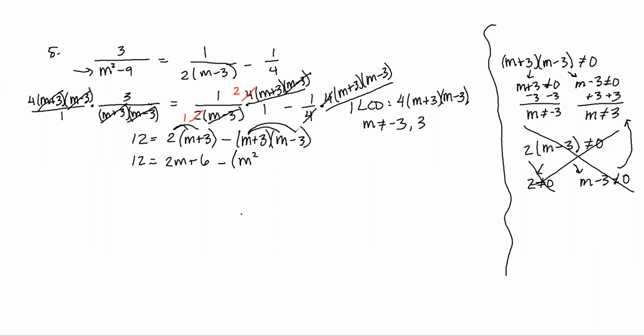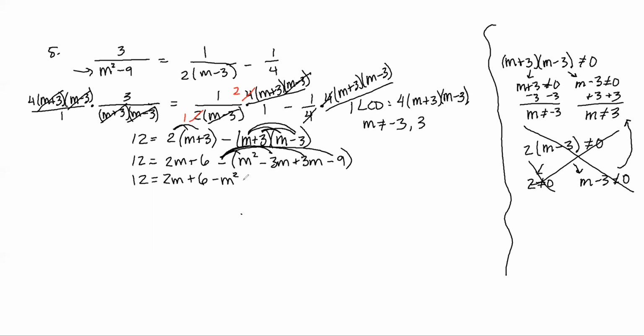M times -3 is -3m. 3 times m is plus 3m. And then 3 times -3 is -9. We're subtracting that entire product, so we want to go ahead and distribute this negative in to every single one of those terms on the inside. So we have 12 equals 2m plus 6 minus m squared.